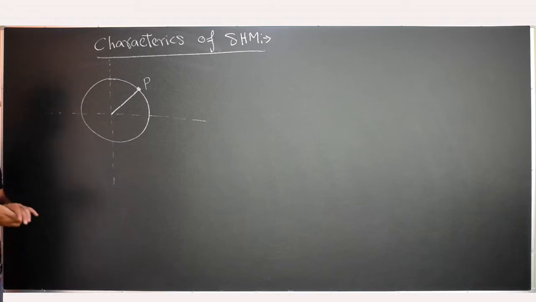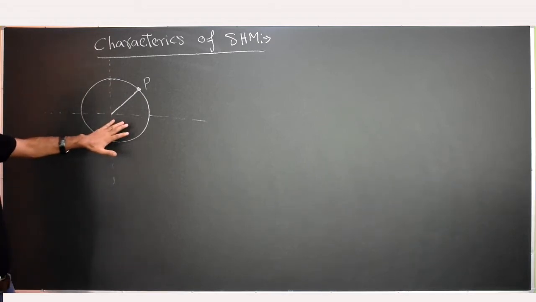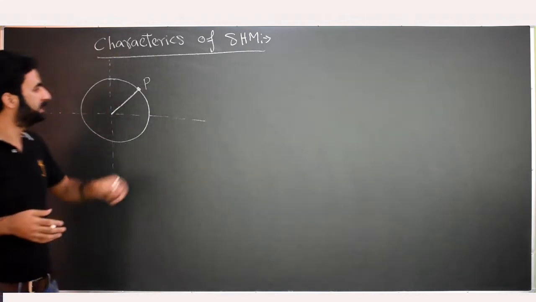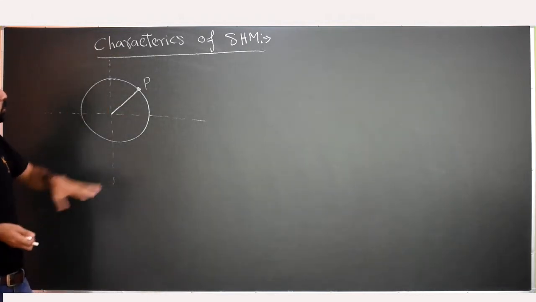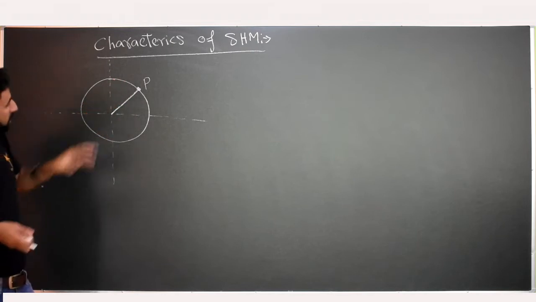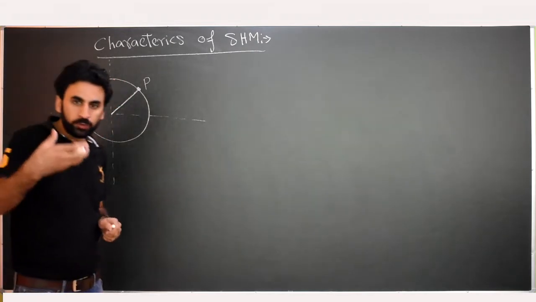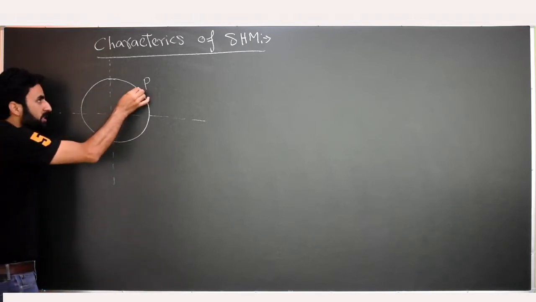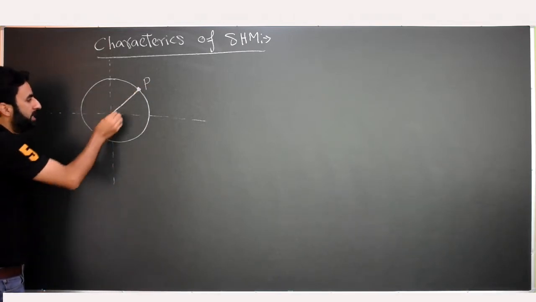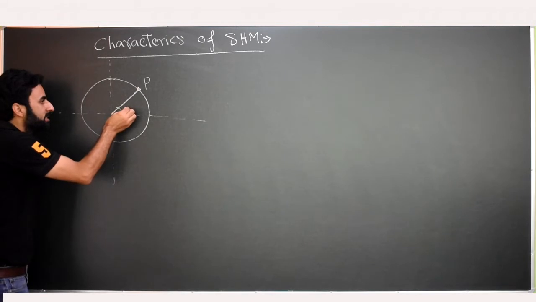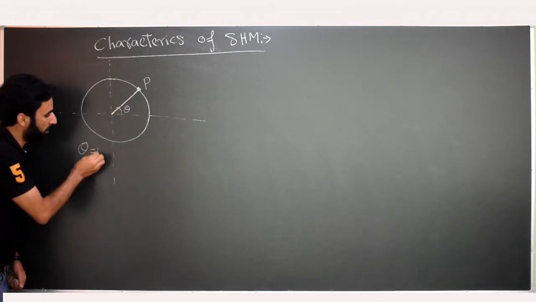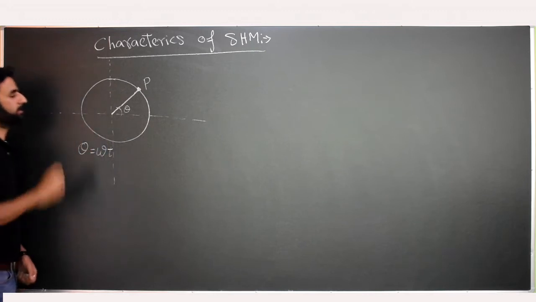From this diagram, we'll try to understand the displacement of a particle in simple harmonic motion, taking into consideration the uniform circular motion of a particle. Suppose the particle is at a position P making an angle theta, where theta is equal to omega t for the sake of argument.